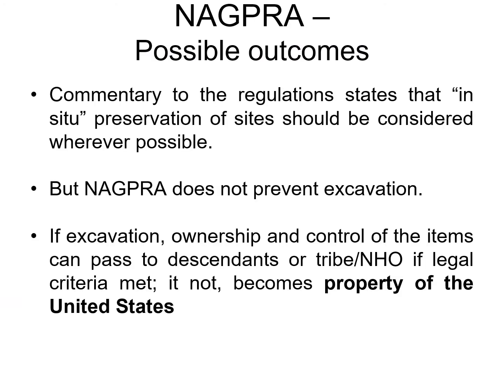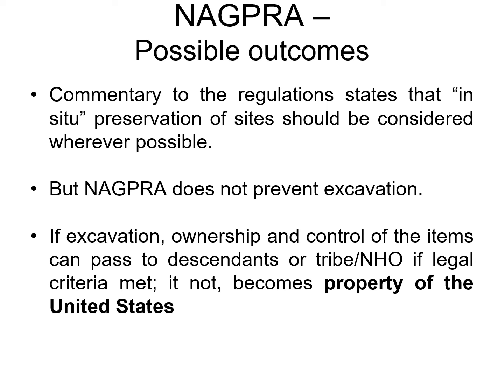So if we look at some possible outcomes, commentary to the regulation states that in C2, preservation of sites should be considered whenever possible once you have completed the repatriation process. But NAGPRA itself does not prevent excavation. A lot of people think that if there are remains there, we have to stop and nobody gets to dig anymore, and that's not exactly true.